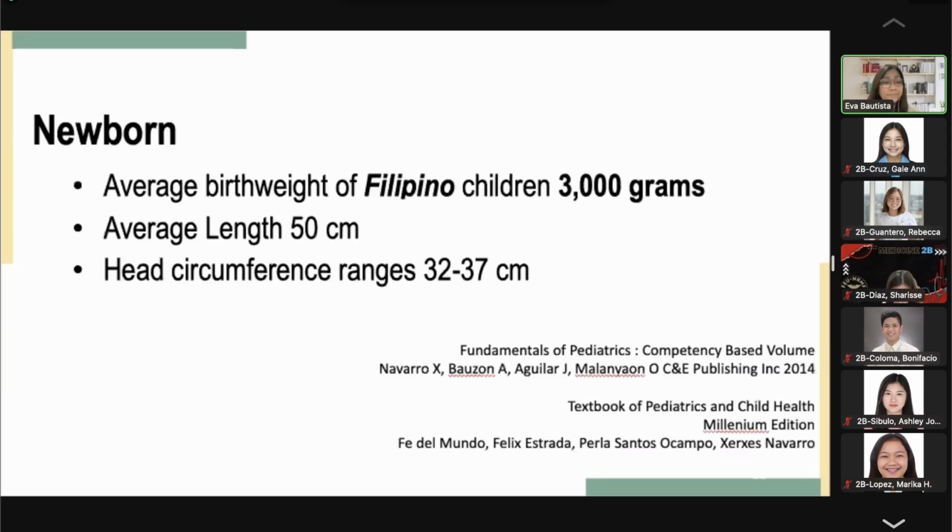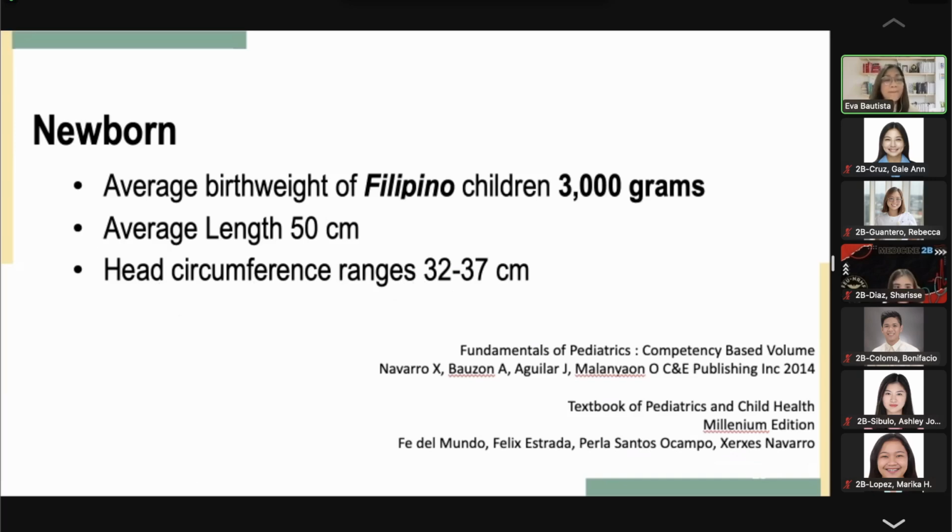For us Filipinos, the average birth weight is 3 kilograms with an average length of 50 centimeters and a head circumference ranging from 32 to 37 centimeters, about 34 to 35 centimeters.